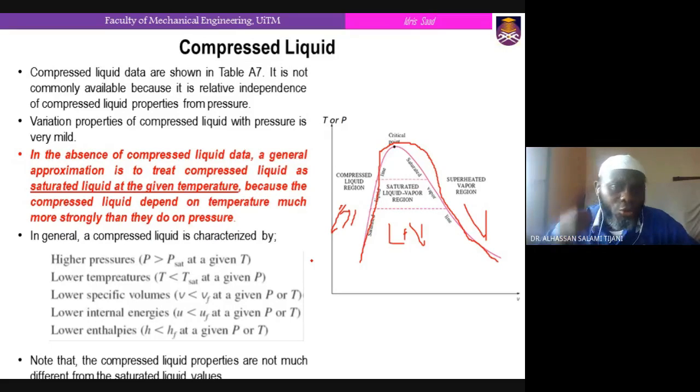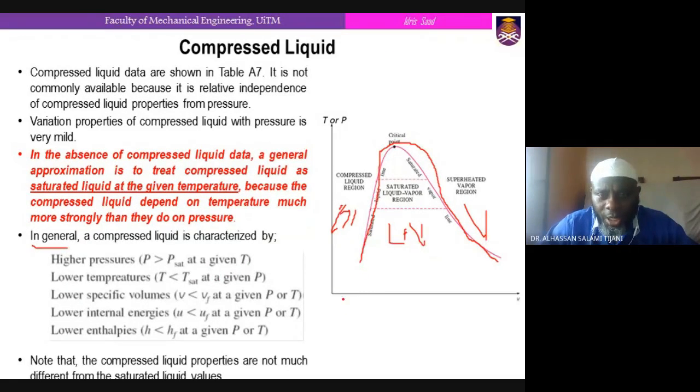So how do you identify when a fluid is in the compressed liquid region? In general, a compressed liquid is characterized by higher pressure. If you have a fluid where the pressure of the fluid is greater than the saturation pressure at a given temperature, then the fluid is said to be in the compressed liquid region.